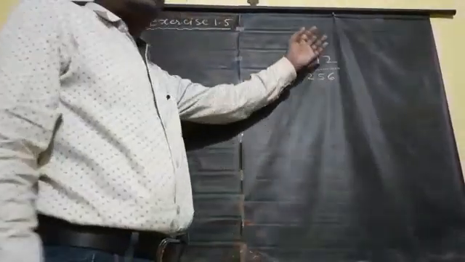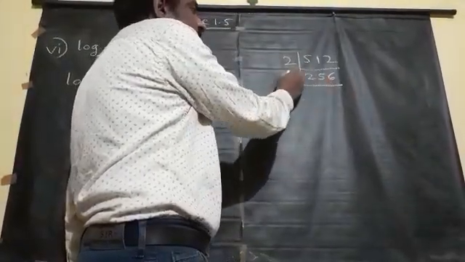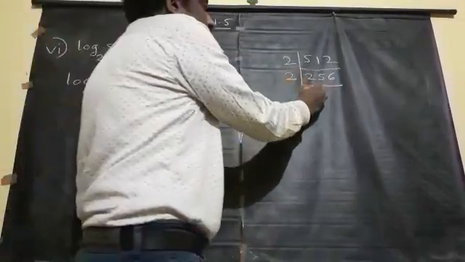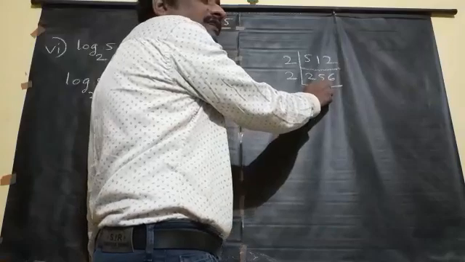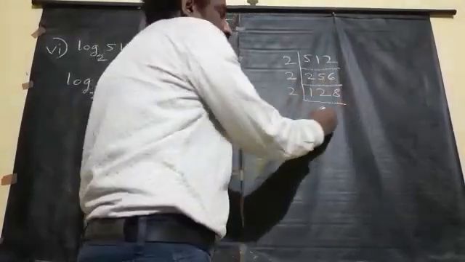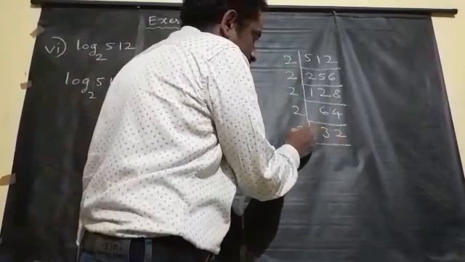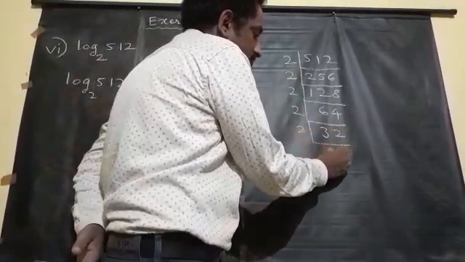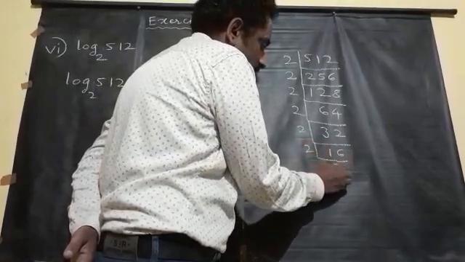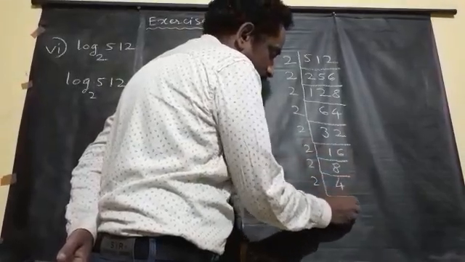That means 256 twos are 512. 6 is in the units place, again it is divisible by 2. 2 ones are 2, 2 twos are 4, 2 eights are 16, 2 sixes are 12, 2 fours are 8, 2 threes are 6, 2 twos are 4, 2 ones are 2, 2 eights are 16, 2 fours are 8, 2 twos are 4, 2 ones are 2.